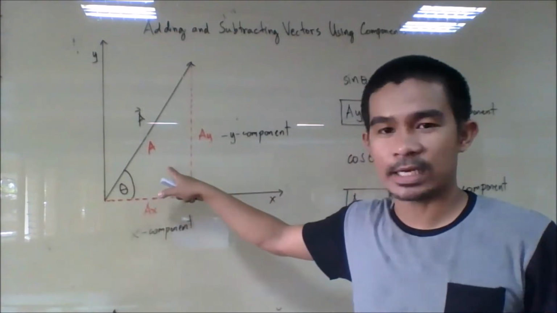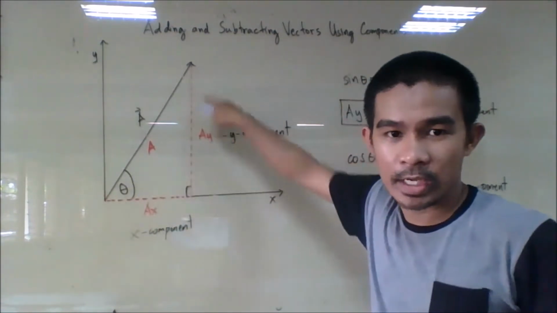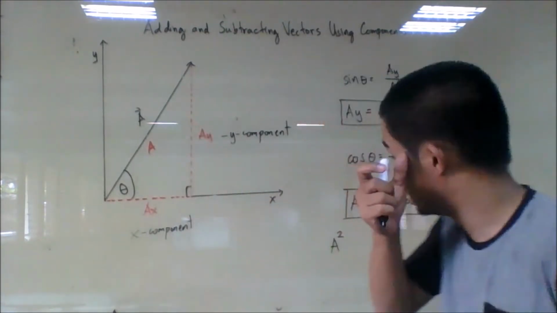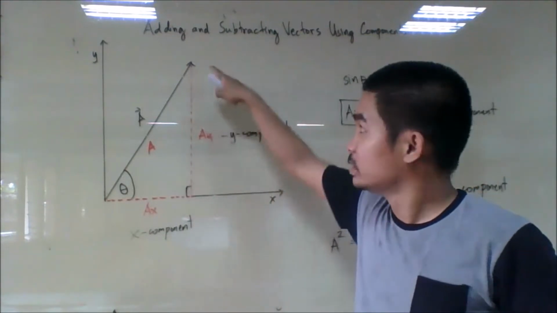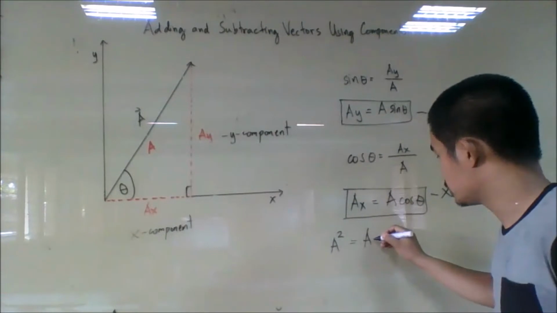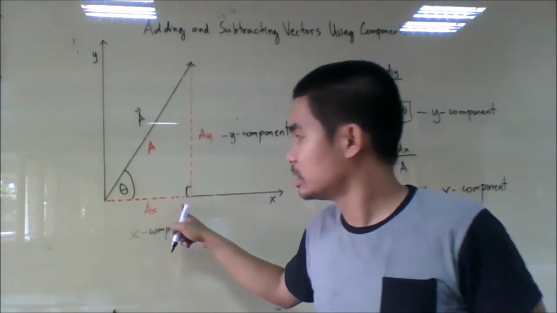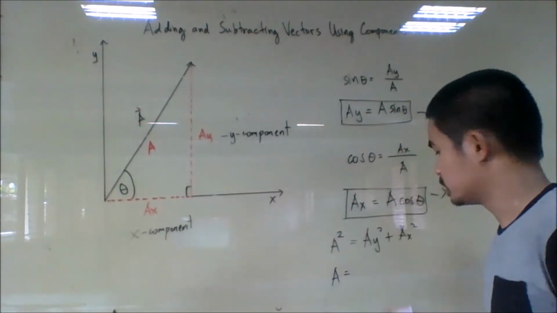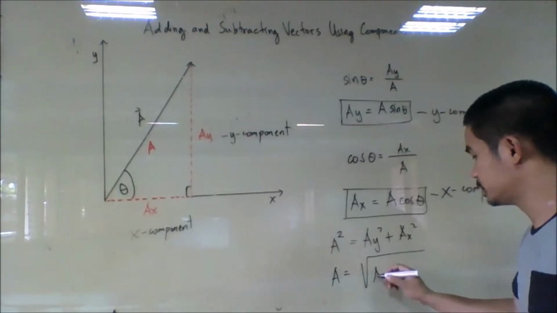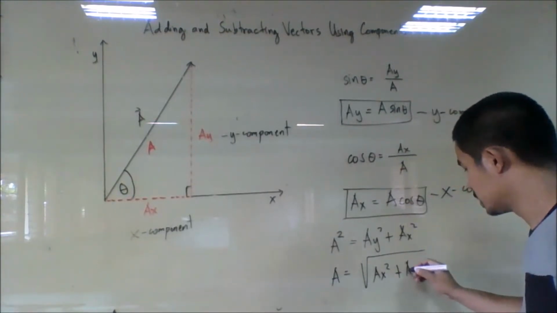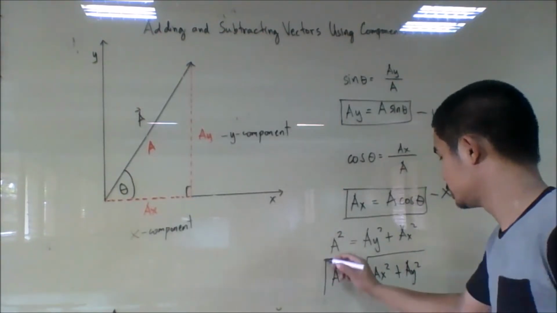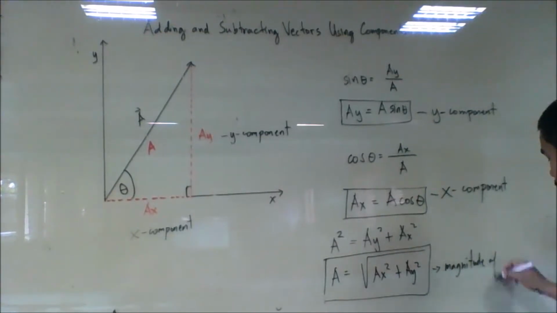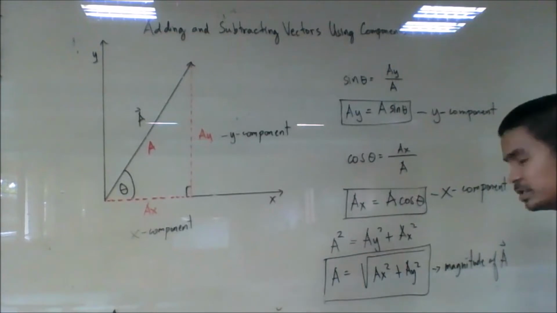Since we formed a right triangle out of vector A, the y component, and the x component, the square of the longest side, which is the magnitude of vector A, is equal to the square of the leg, Ay squared, plus the square of the base, Ax squared. So A is equivalent to the square root of the x component squared plus the y component squared. So that is the magnitude of vector A.